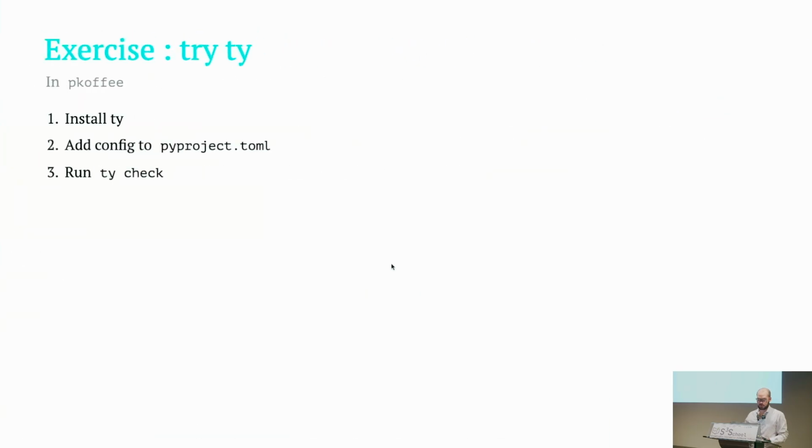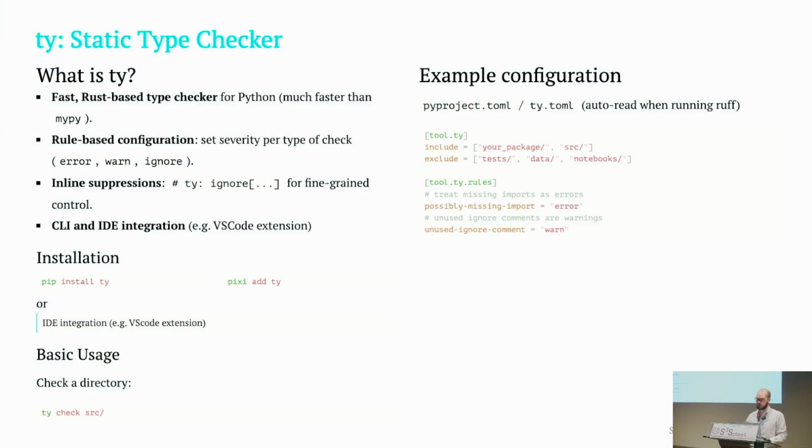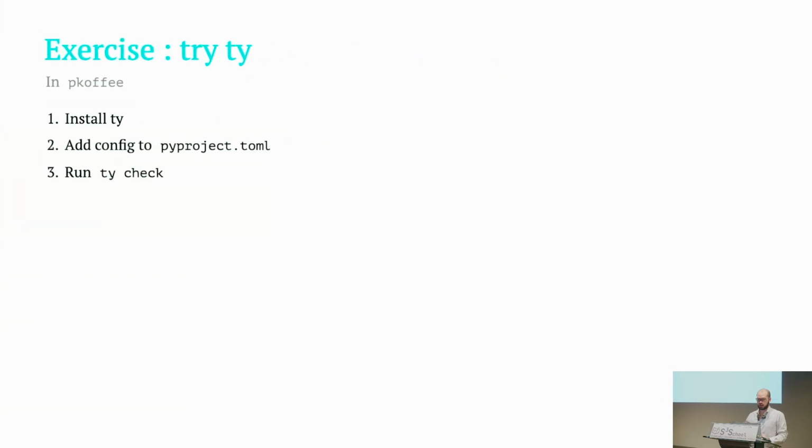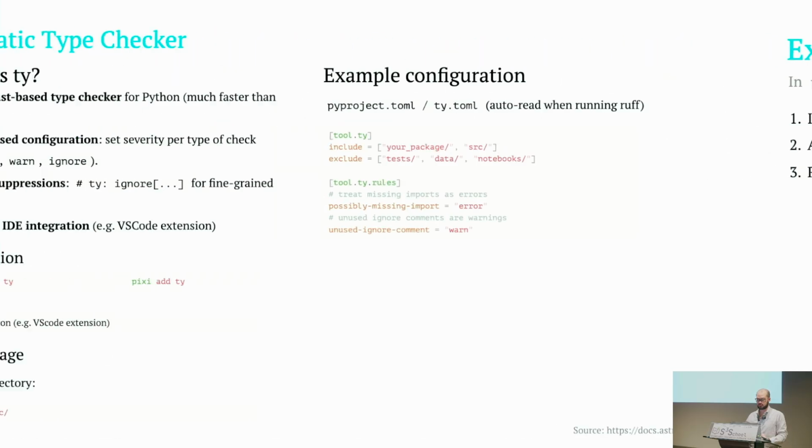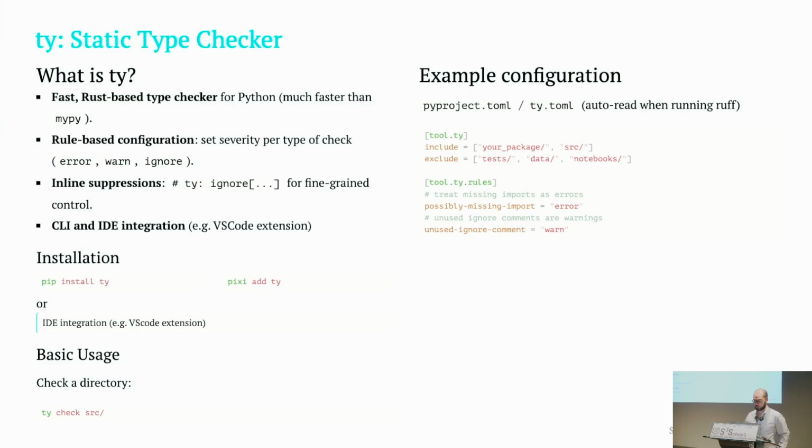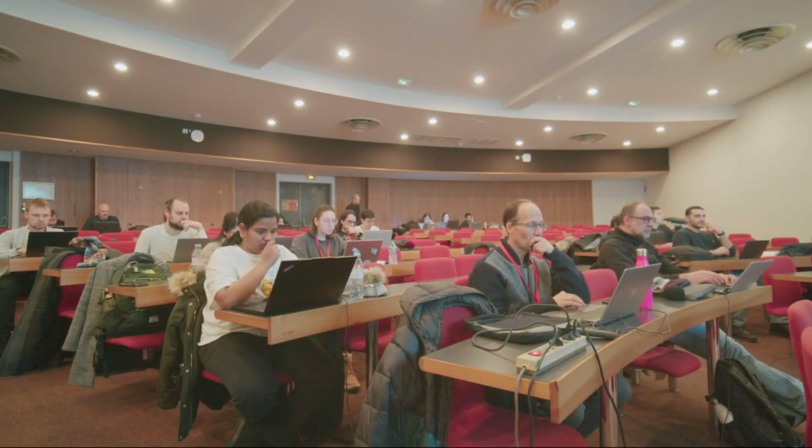Same exercise: install ty, add the config, you can add this one, and run ty check. So I will leave this one up. Depending on where you are in the Coffee project, it might show some errors, because I think Vincent was using a different type checker.